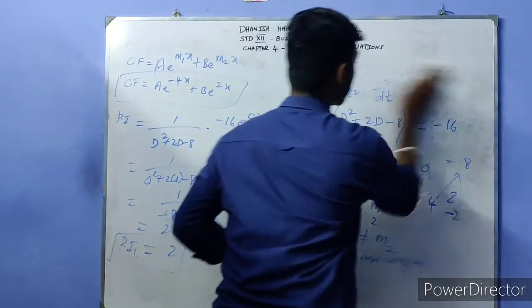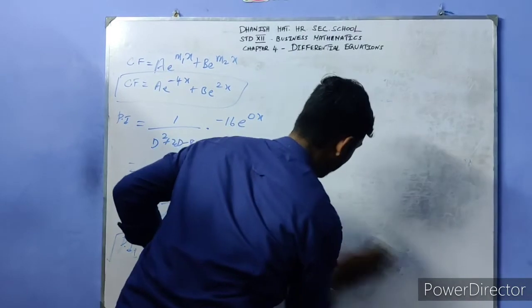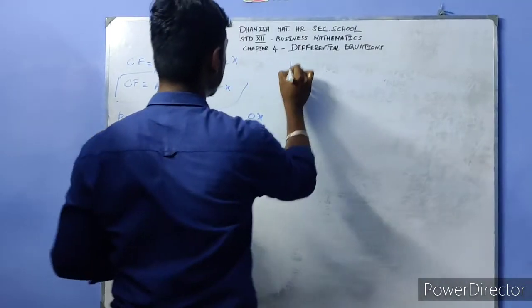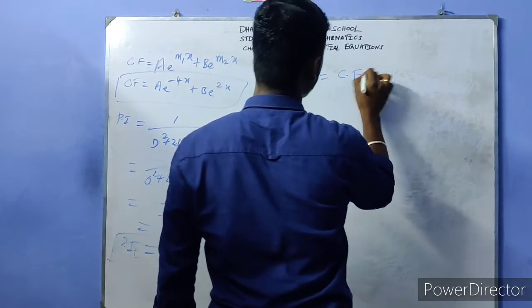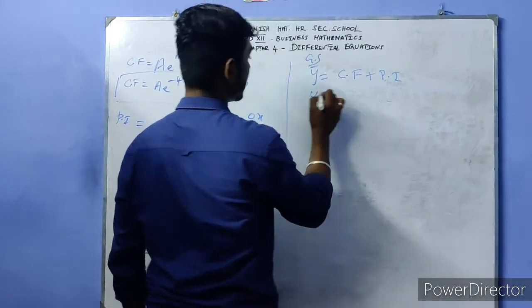Now we are going to find out the general solution. What is the general solution here? Y equals CF plus PI. What is this CF value?